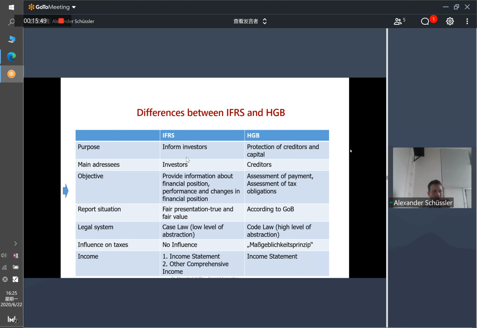Yeah, and true and fair value means we want that the value is presented realistically.